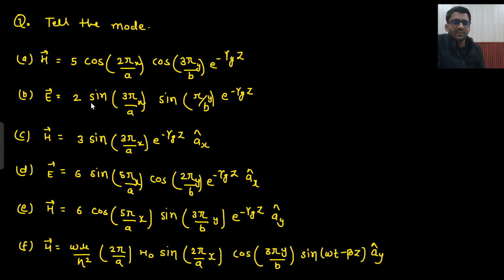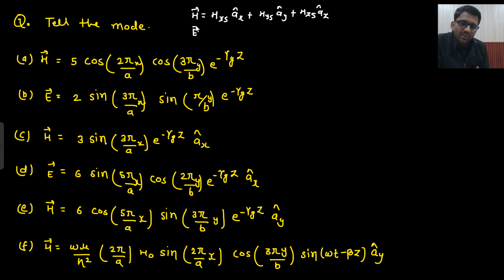So first expression. Here there is no ax, ay, az, so you cannot tell whether it is your hzs component, hxs component or hys component. Basically your magnetic field will be hxs ax cap plus hys ay cap plus hzs az cap.